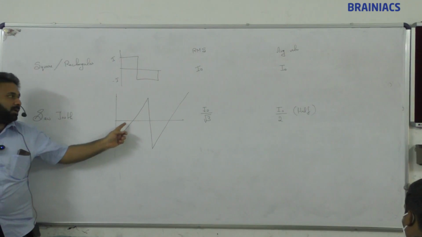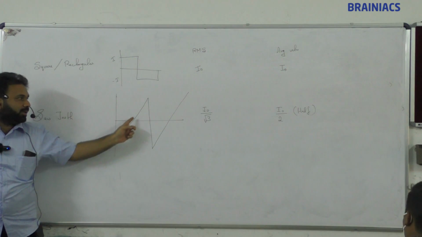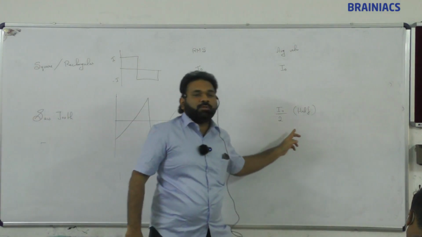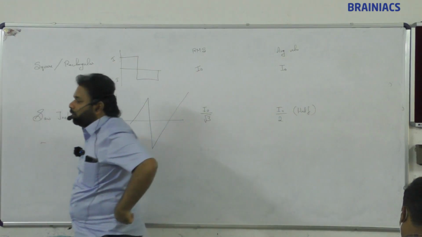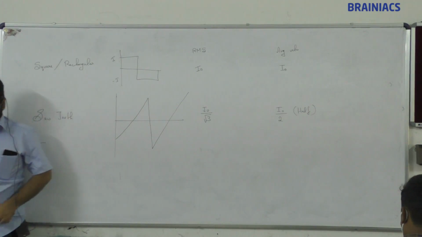How much is this area? That much will come here also. So in that sense this is going to be negative, this is going to be positive. So for full cycle, again the average value is going to be 0. So that is why I naught by 2, that is also for half. Okay, clear?